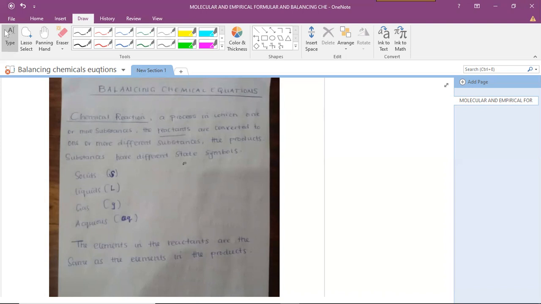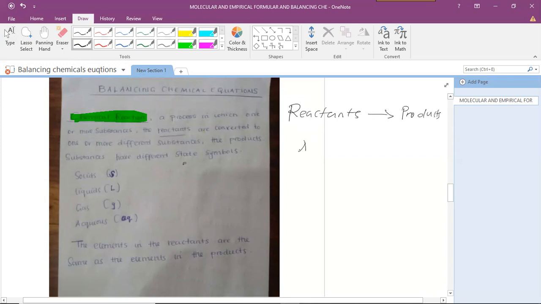So chemical equations come from practically a chemical reaction. From the definition, a chemical reaction is a process in which one or two substances, so you have two sets of substances. For any chemical reaction, you have got reactants producing products.